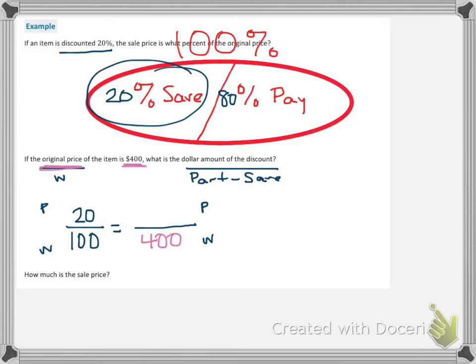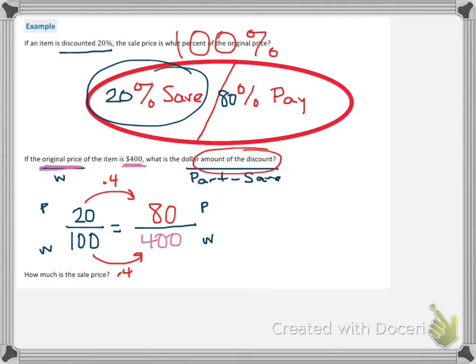And now I can look for my constant and solve for the missing piece. 1 times 4 is 400. So 20 times 4 is my answer. 20 times 4 is 80. The part that we save, which is the amount of discount, is $80.